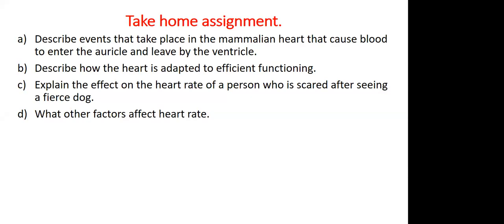If there are shortcuts and blood flows in another direction, it means that even maintaining the pressure of the blood will not be very possible if some of it is being channeled into other places or if it is flowing backwards. So the valves ensure unidirectional flow of blood, which is important to maintain the blood pressure.